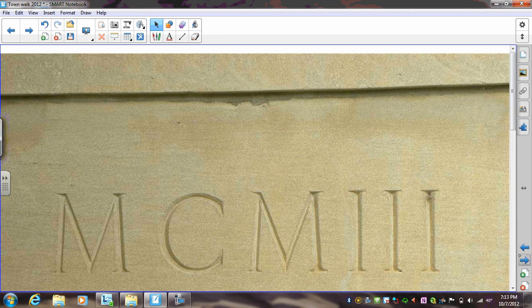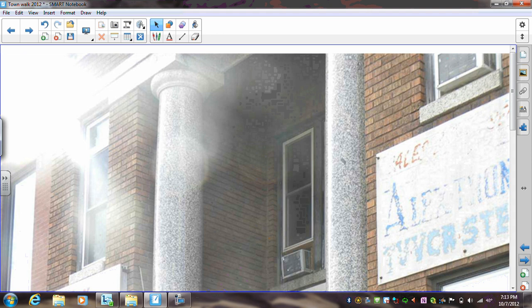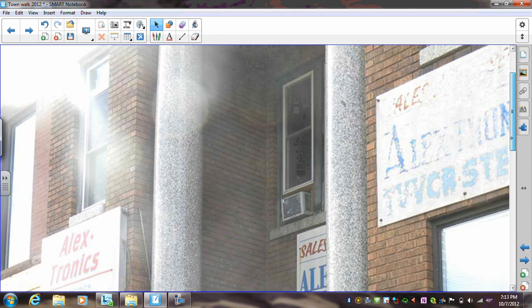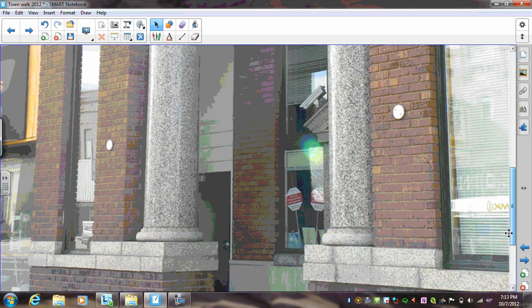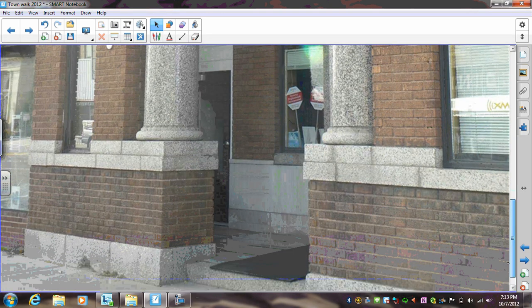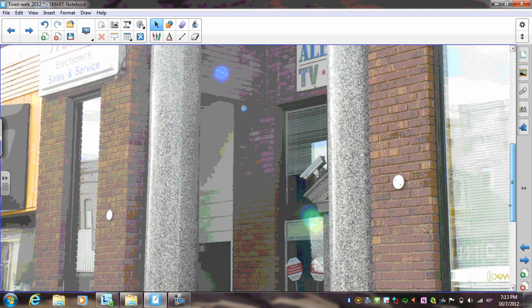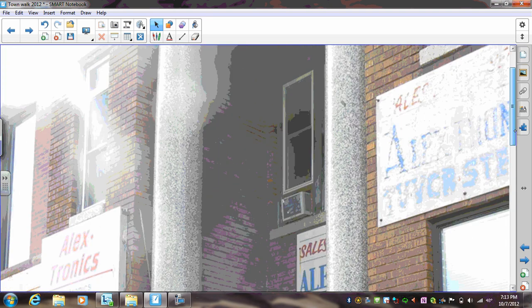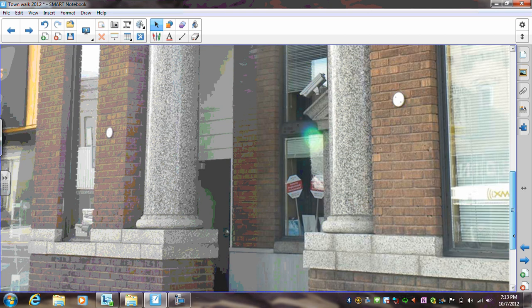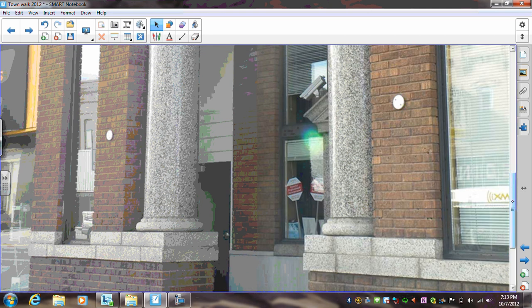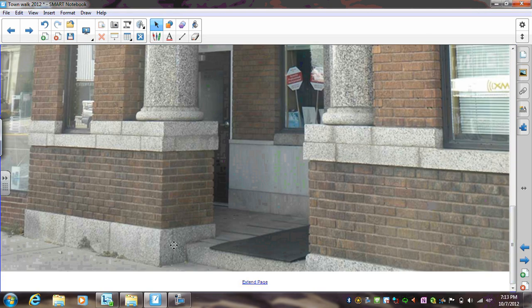Okay, now we are walking towards Electronics. We are on Broadway right now, standing right in front of this building. I'm looking at these pillars, and actually not just the pillars, but the base of the building down here.